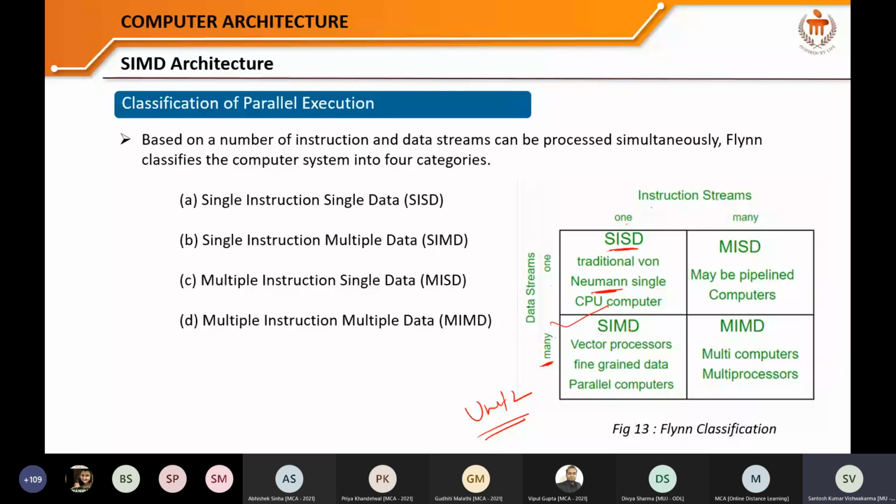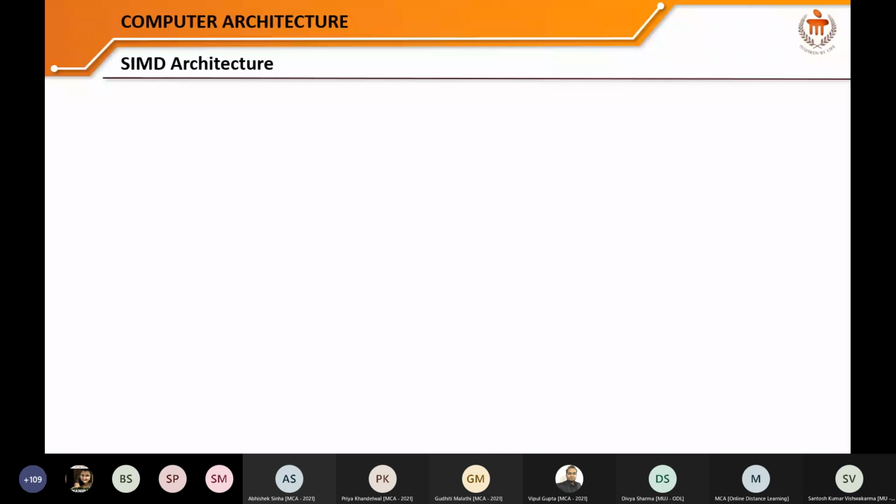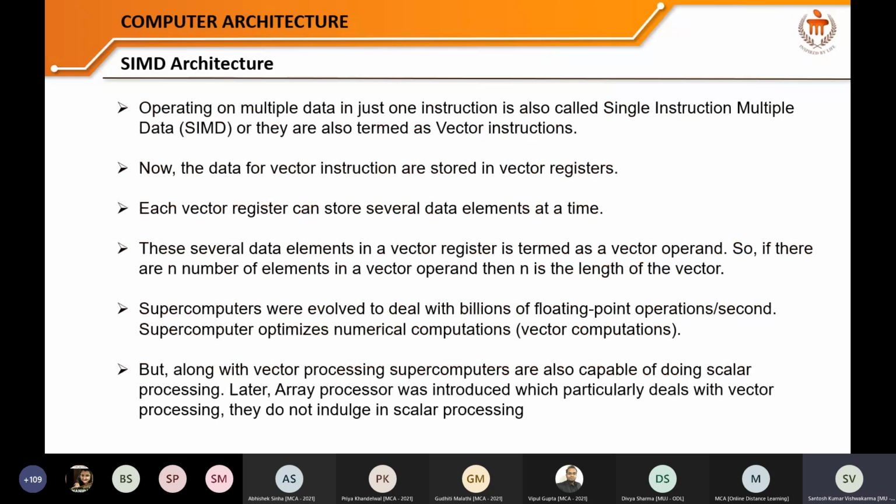Now let us see the different aspects of SIMD. Point number 1 is that SIMD instructions are termed vector instructions.